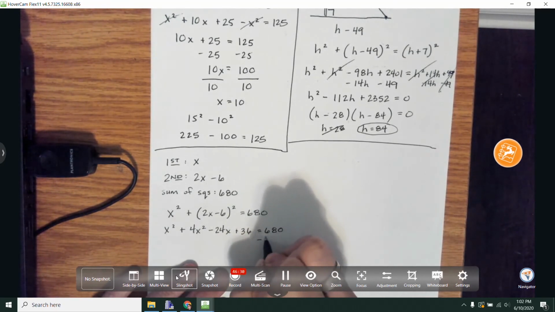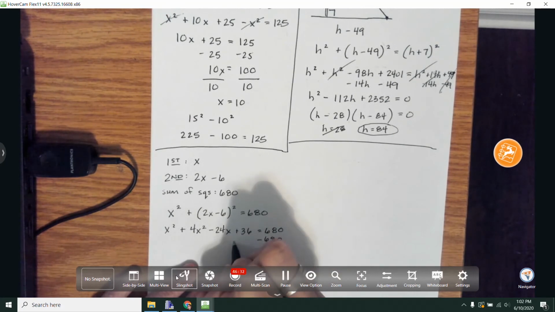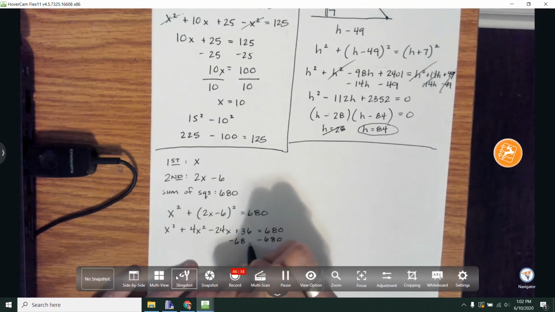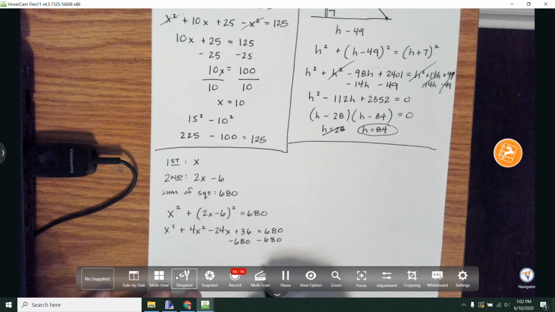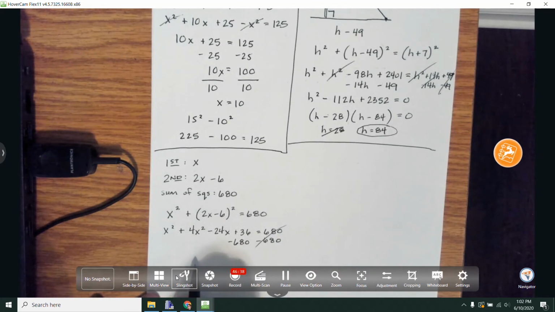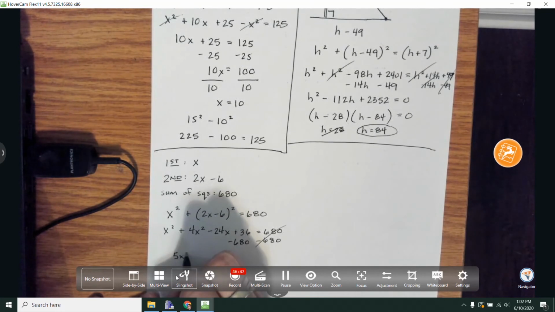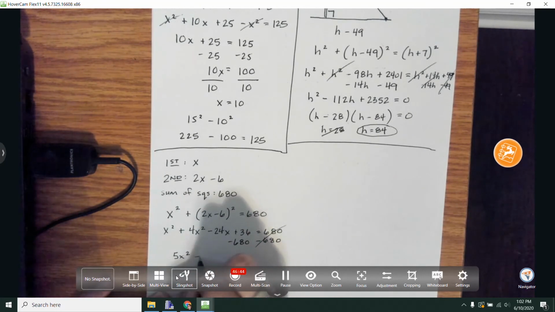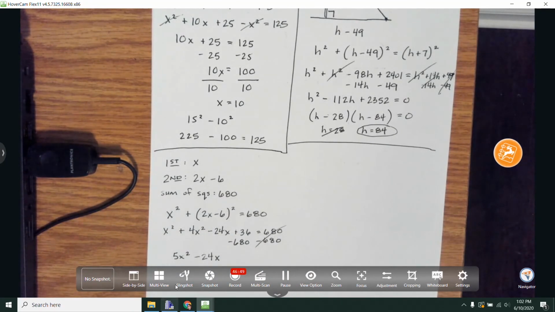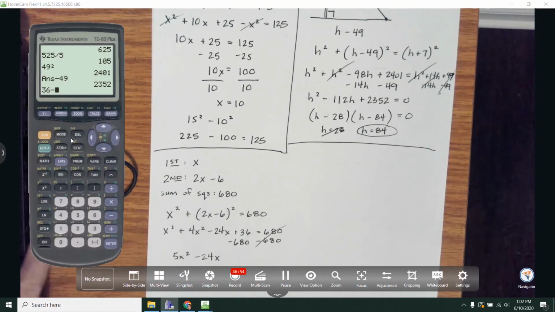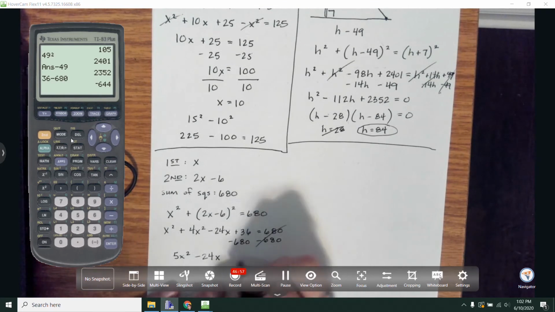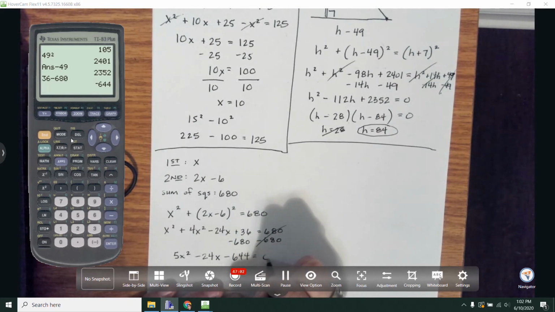We're going to subtract the 680, bring it over to the other side, and that's going to make it go away on this side. We're going to combine like terms. We get 5x squared minus 24x, and then 36 minus 680 is negative 644, and this equals 0.